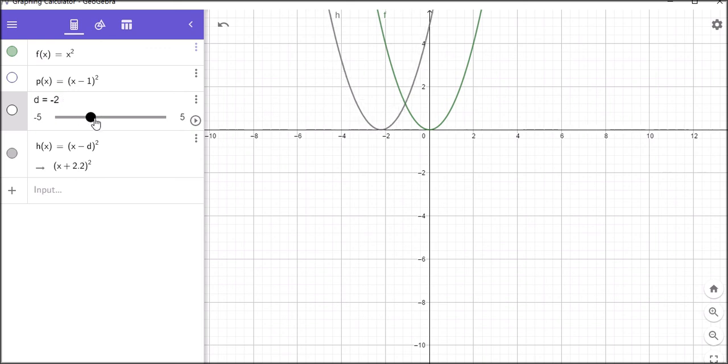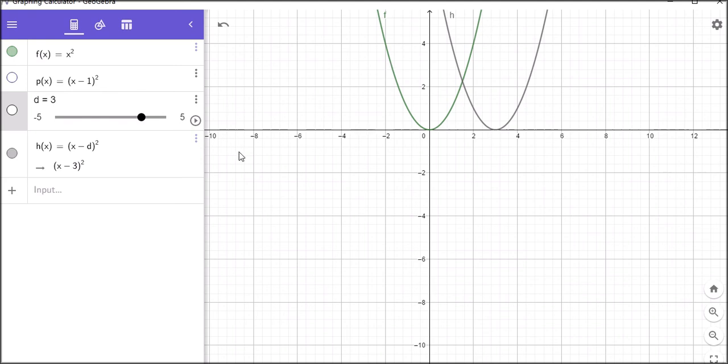When d is 0, it's the same, and then it moves to the right, d is 2.1, then 2.5, 3 here. So the graph moved right 3 units from the parent function.